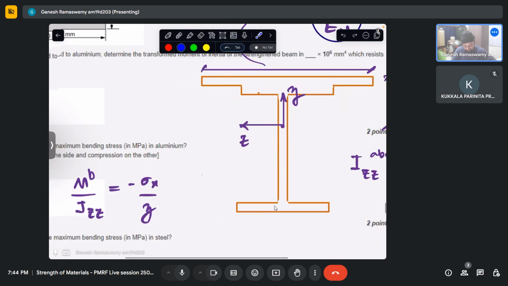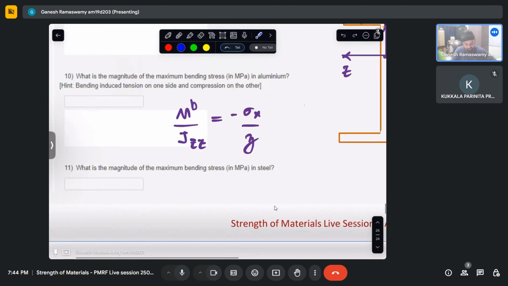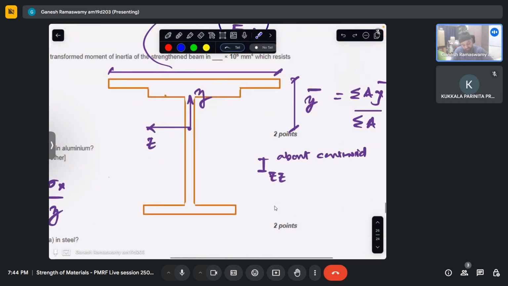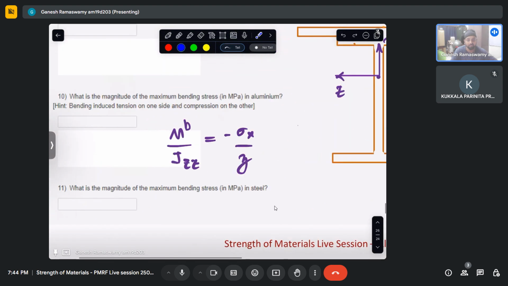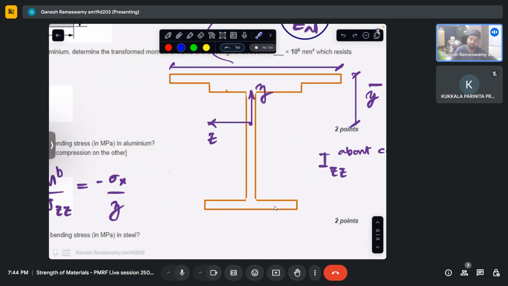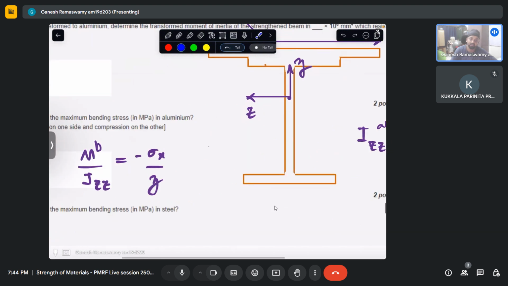As for the magnitude of bending stress in steel, it will naturally be here because steel is only on the top. So it will be Y equal to Y bar. Whatever stress we get from this expression will be the stress in the transformed section.